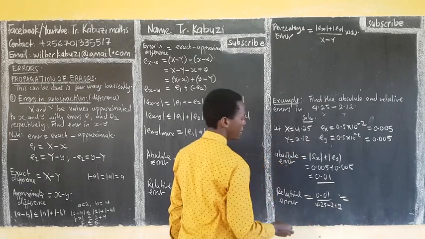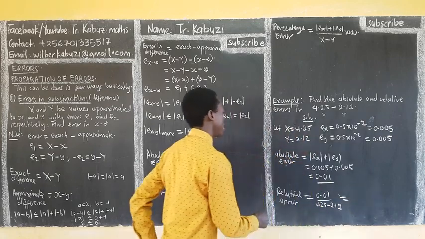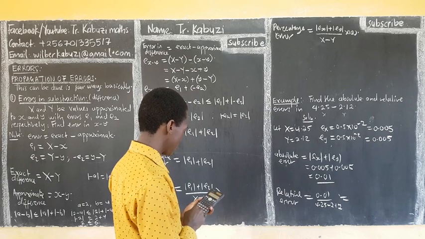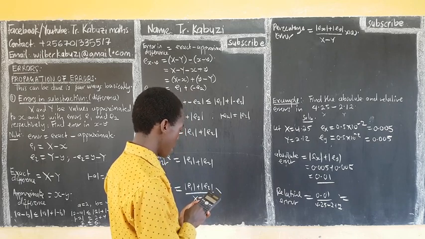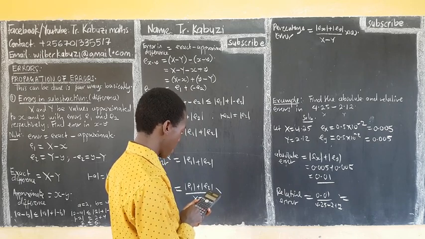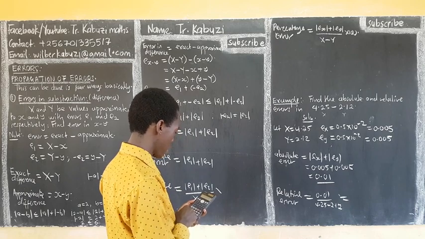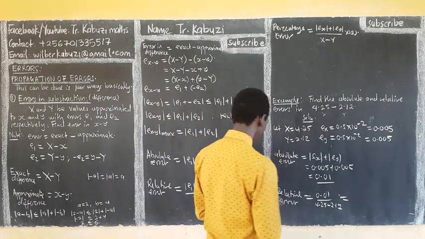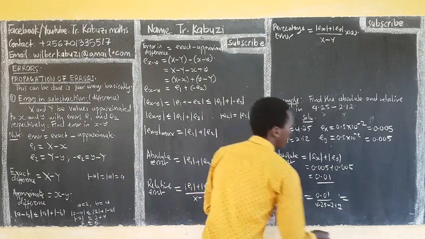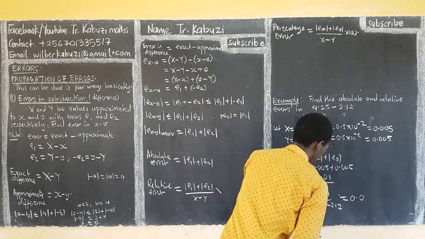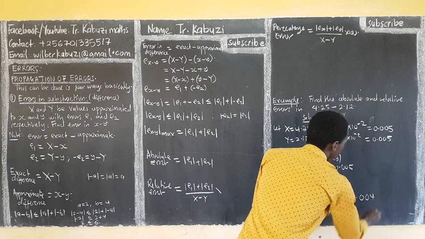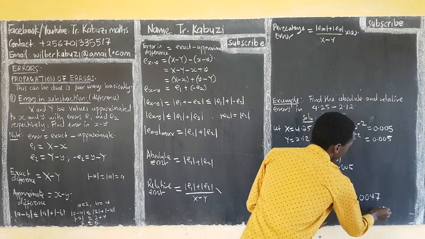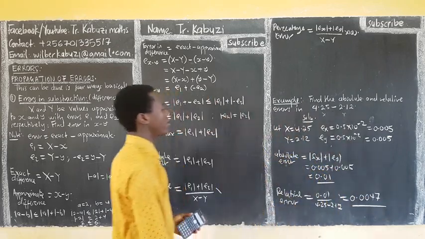You just press it on the calculator, don't waste time. Dividing, this is giving me 0.004 to three decimal places. That's what we shall be having.